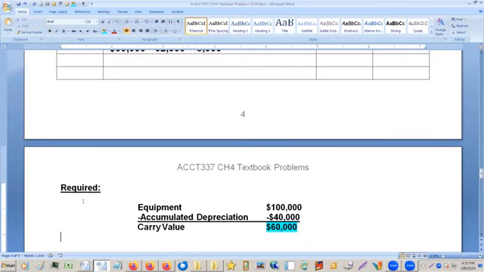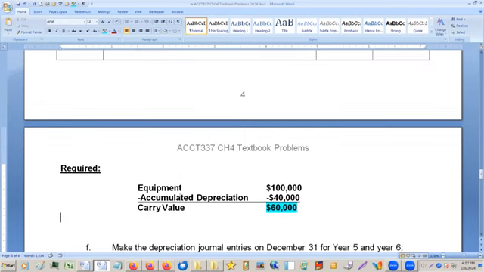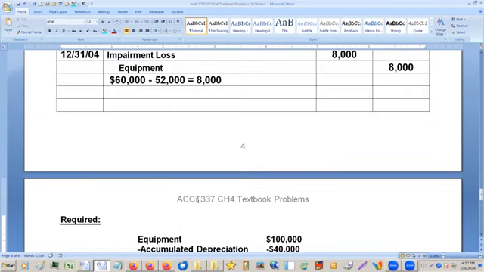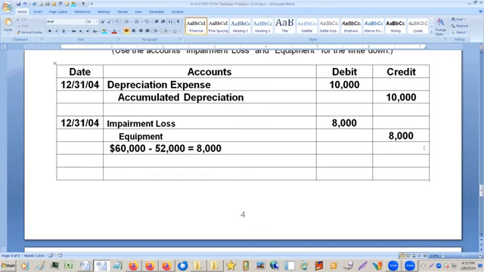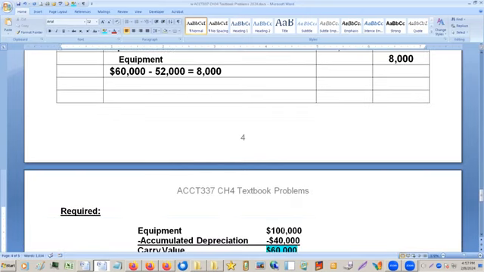So now remember that this actually isn't really what we're doing with now. We've written down the equipment by 8,000. So this equipment is 100,000 minus 8, 92,000.